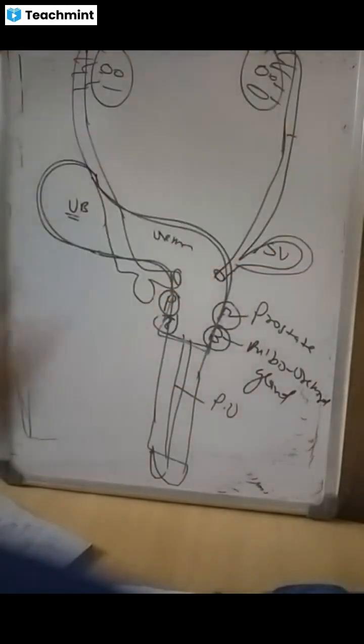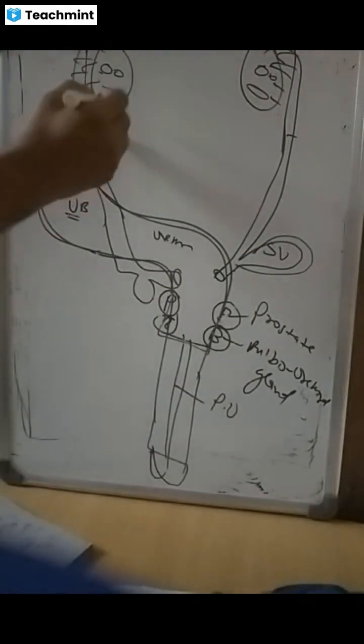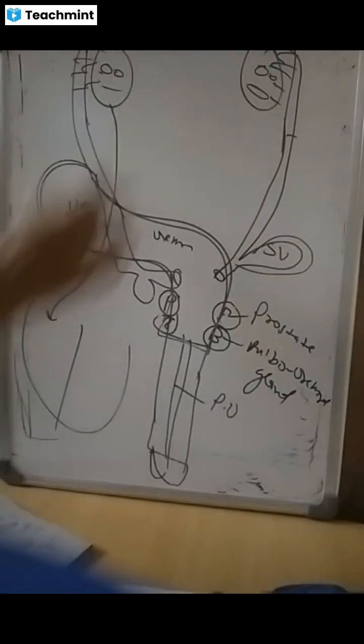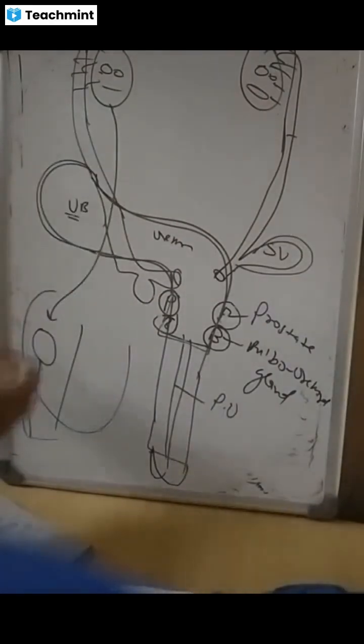But the seminal vesicles are from the mesonephric duct. Then the testis comes down and remains with the proper ligament and the ligament of the tail of the epididymis.